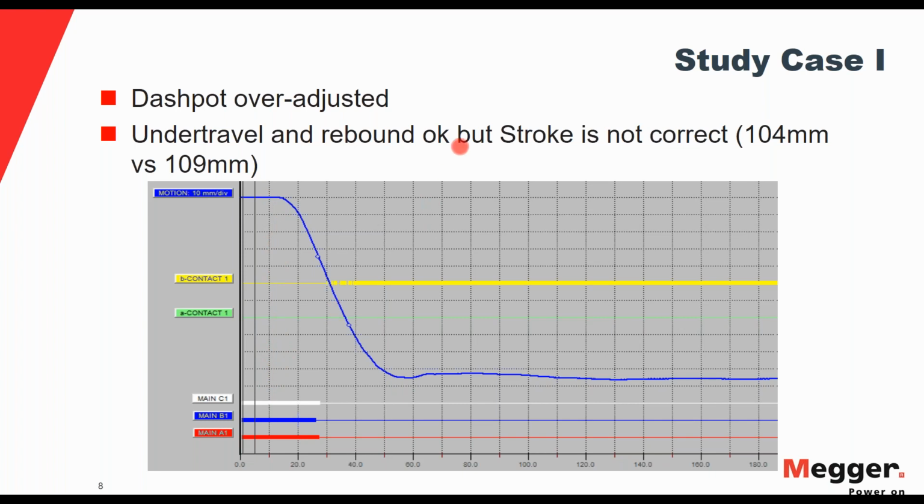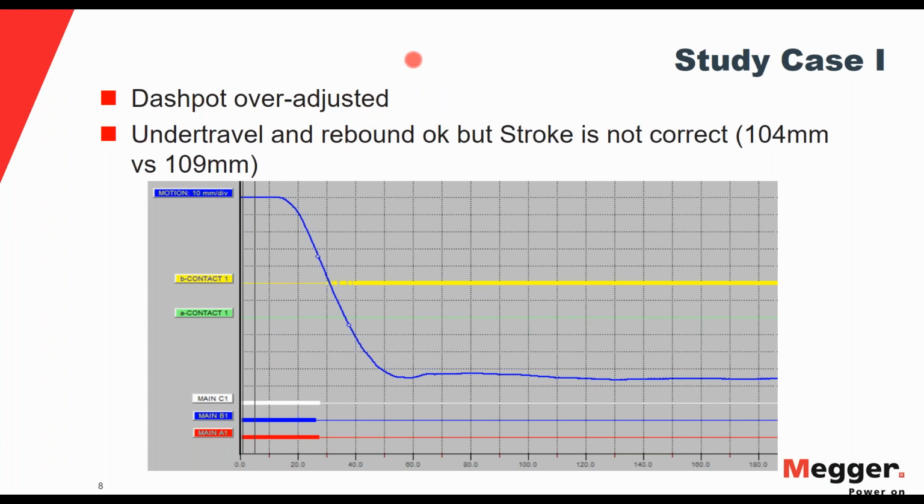It under-travels. It's not reaching the full open position, which is really something serious, because restriking could happen. And also the insulation property really depends on how far apart the two contacts are. So this is a very important thing to know.